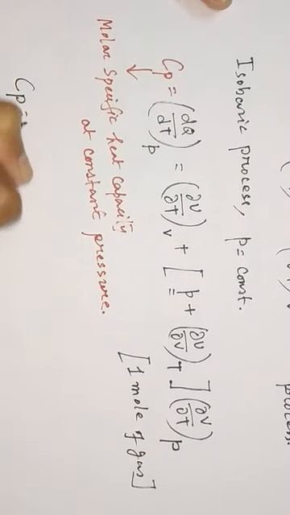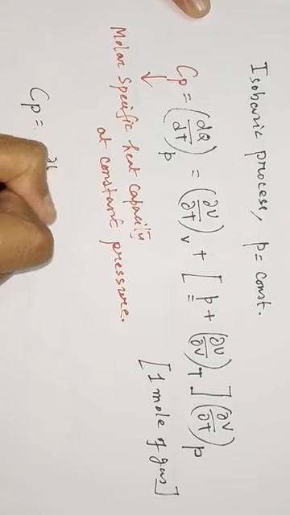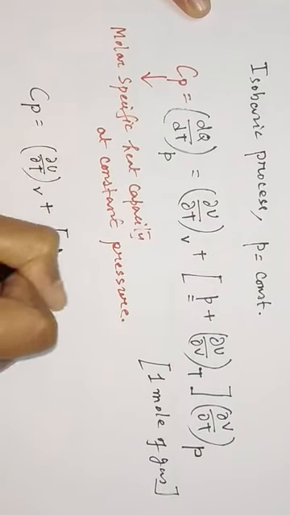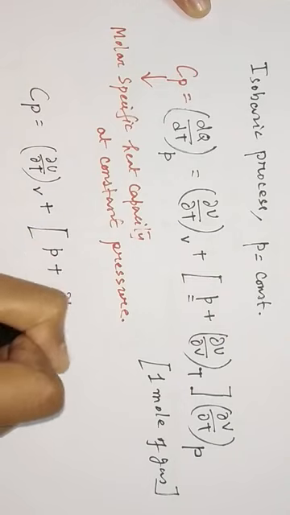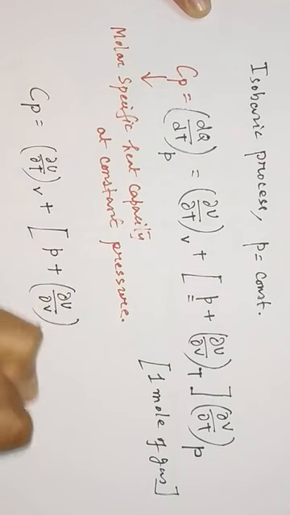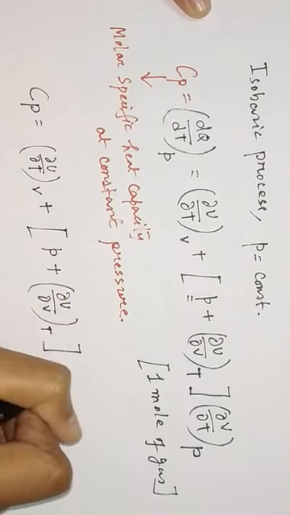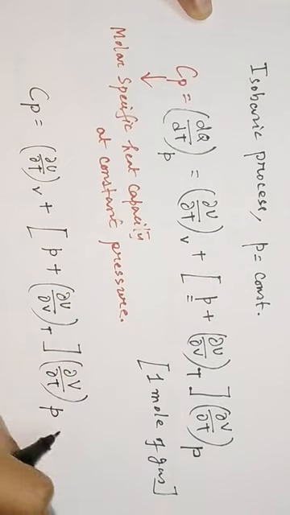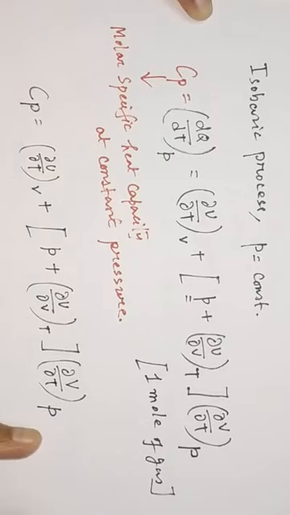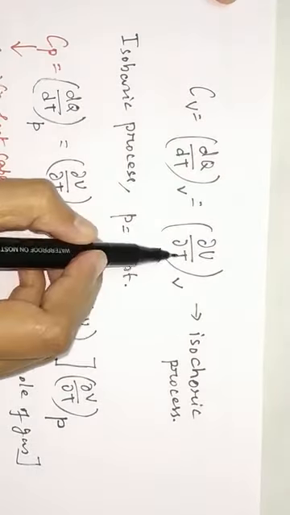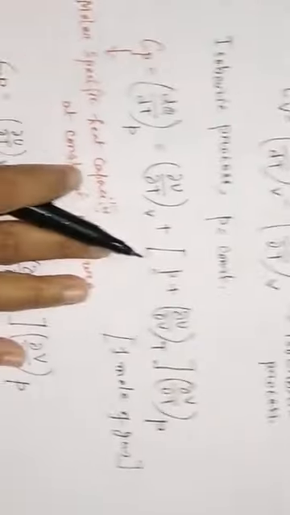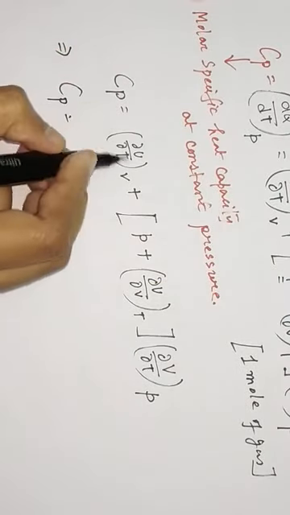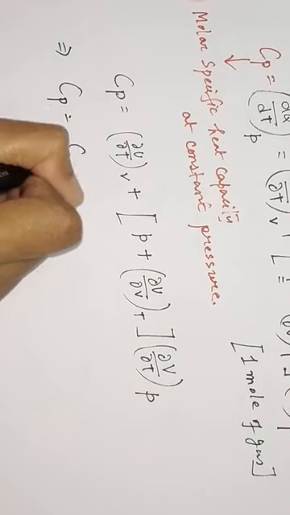We have Cp equals del U/del T at constant V plus P plus del U/del V at constant T, then del V/del T at constant P. Now we know del U/del T at constant V is Cv, so we can replace it with Cv.